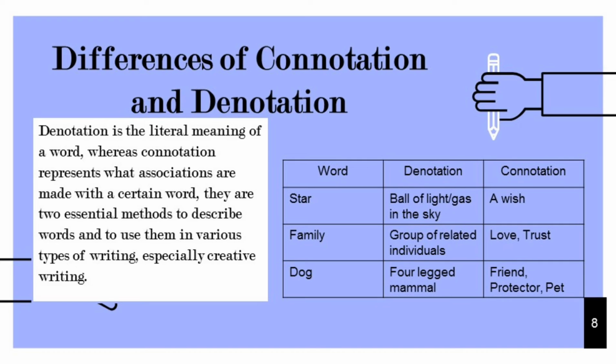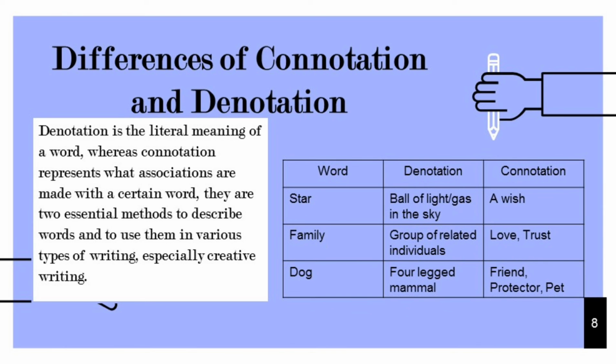Its denotation is a group of related individuals, and its connotation can be defined as love or trust. For the last one, the term dog, its denotative definition is a four-legged mammal. For connotation, it is a friend, protector, or pet.